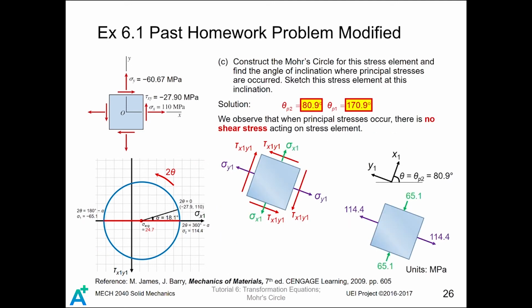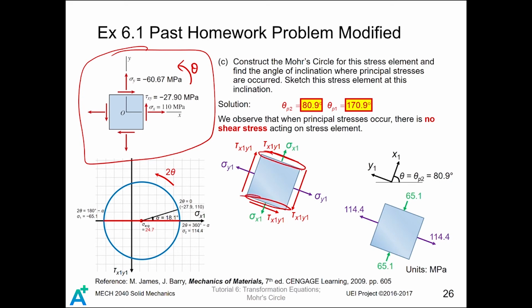After getting theta p2 and theta p1, we can construct the sketch of this stress element. Rotating this stress element counterclockwise by 80.9 degrees means that those two surfaces represent 80.9 degrees, while those two surfaces represent 170.9 degrees.